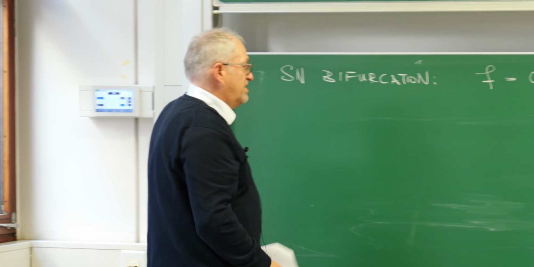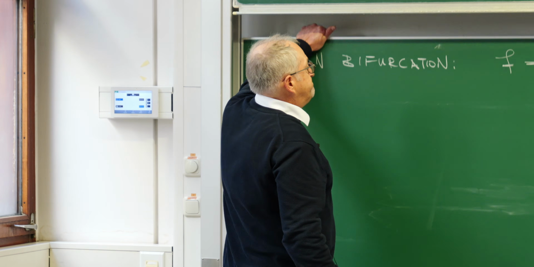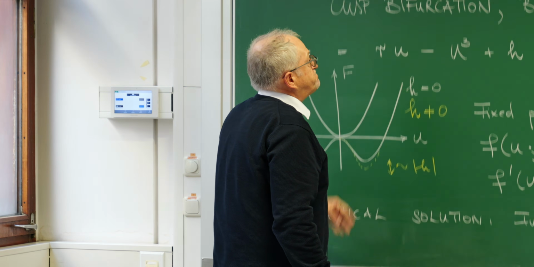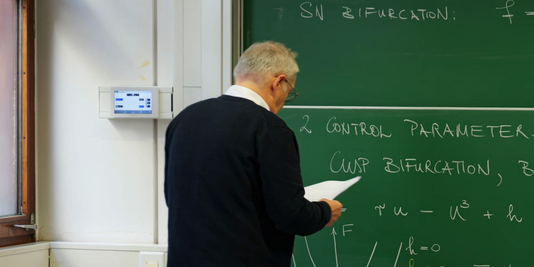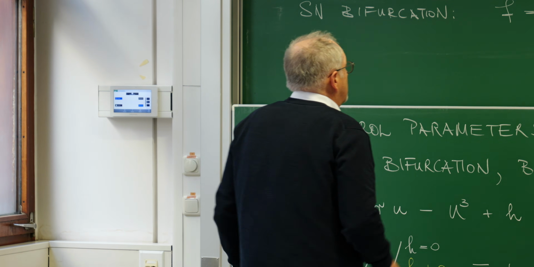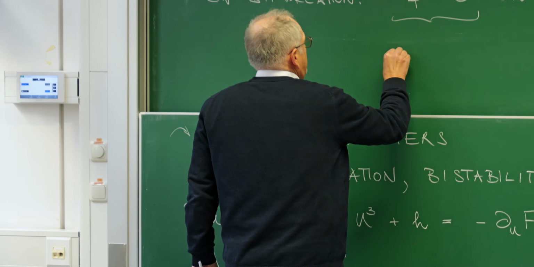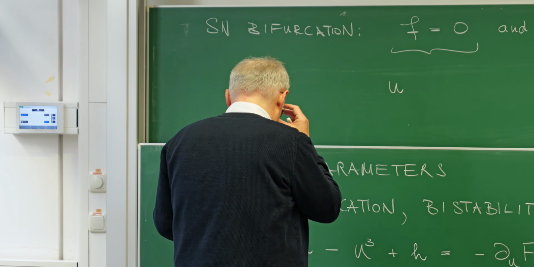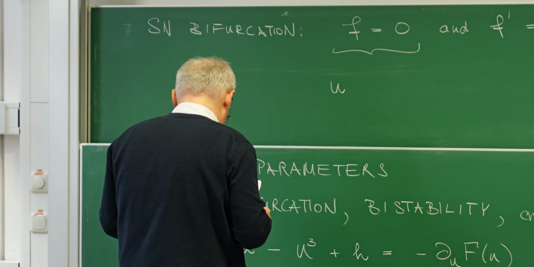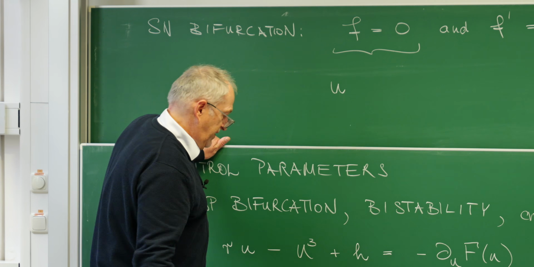So you are tangent in this graphical plane, and we can work this out. So from that relation, you get the value of the saddle node bifurcation, just reading it off here.